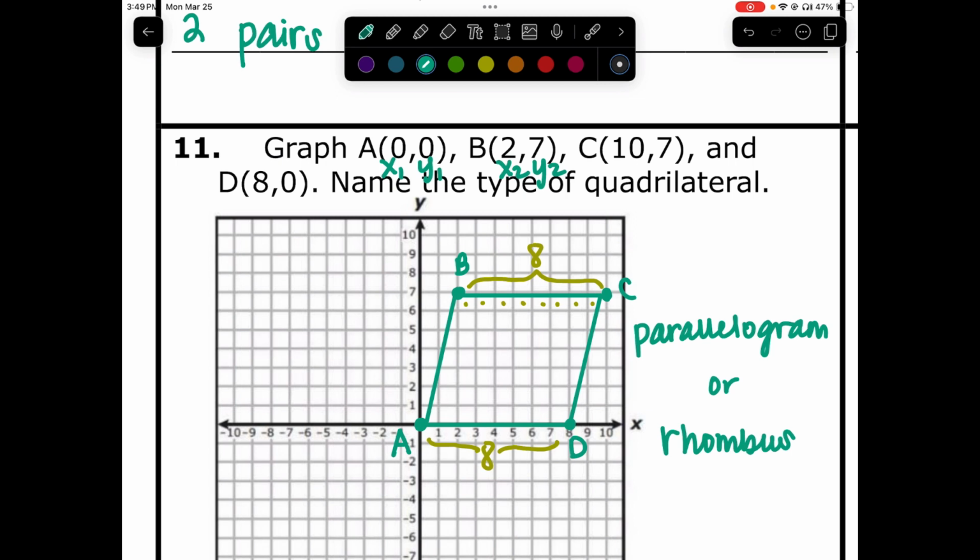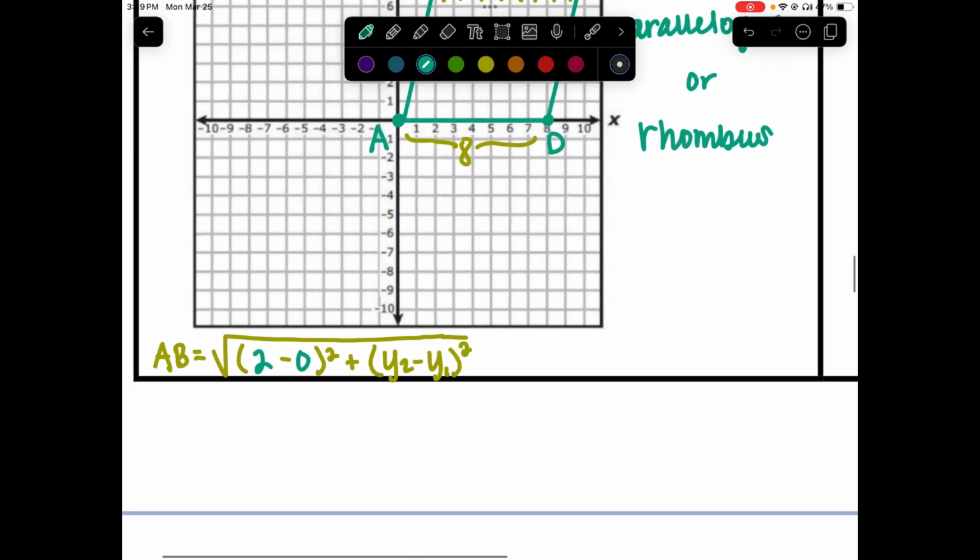And so we're just going to take the y2 and the y1, which would be 7 and 0. Pop that in your calculator. And you should get 7.3.